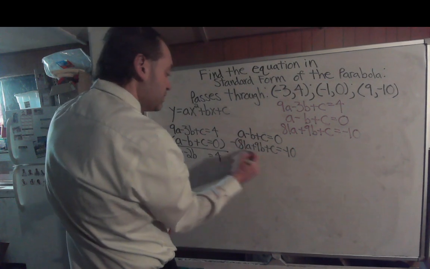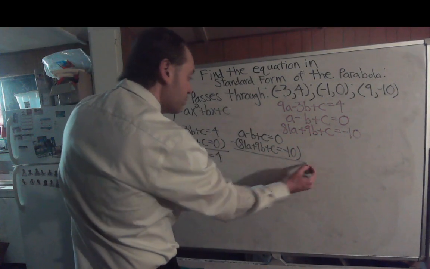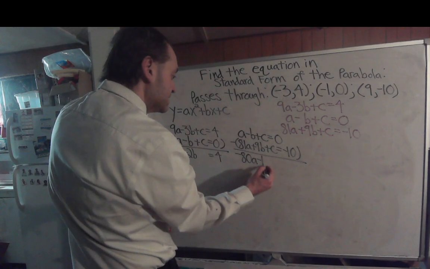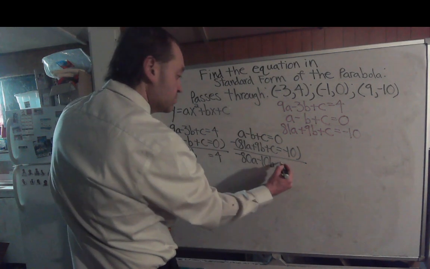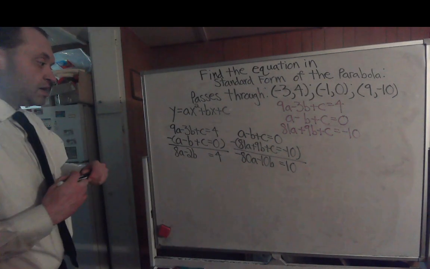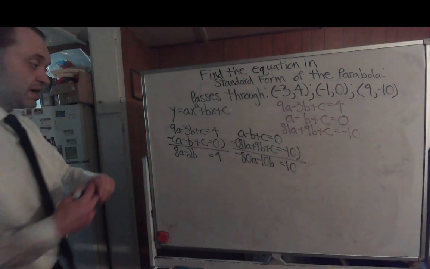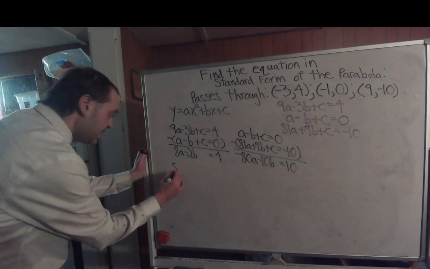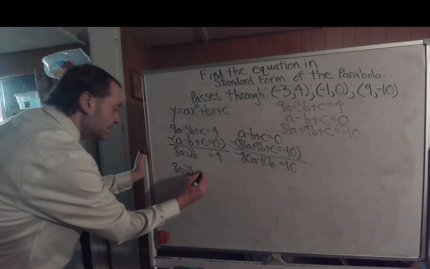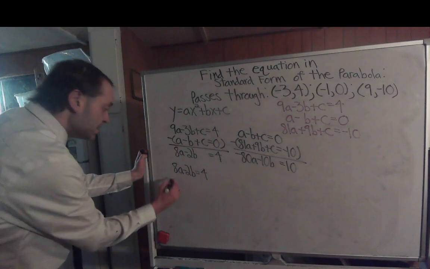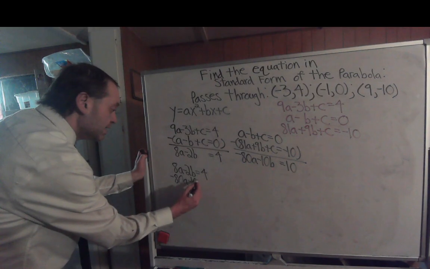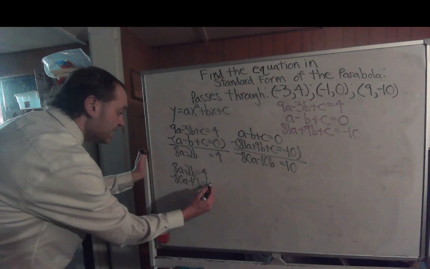Subtract your second equation from the first, you'll end up with negative 80a minus 10b, the c goes away, would end up equaling positive 10. So then we're down to 2 variables now. So you'll take 8a minus 2b equals 4. Then the negative 80a minus 10b equals 10.